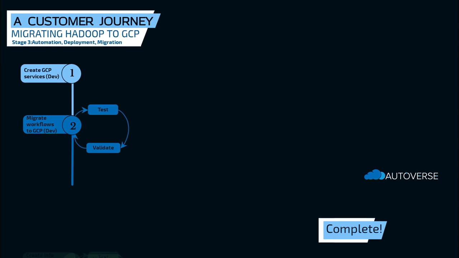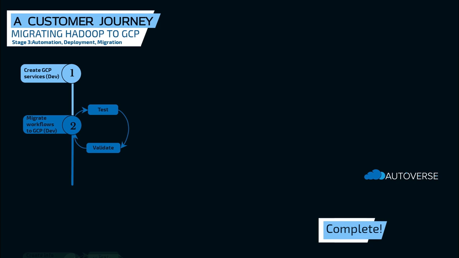Step 2 is migrating the workflows for each of those services and testing and validating them as you migrate. This can be a considerable amount of work if your customer has decided to go with different services that are outside of what Dataproc provides.